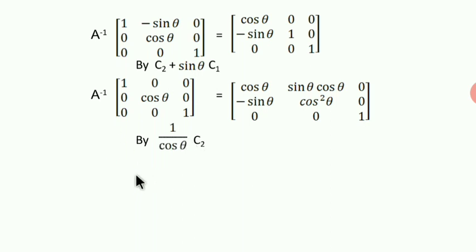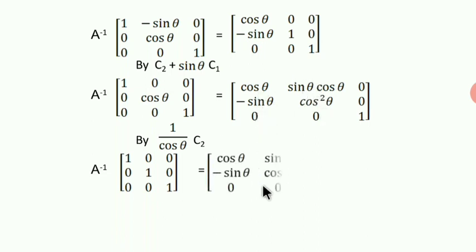So we get A inverse into, now here we get the identity matrix if we divide C2 by cos theta, is equal to, now there is a change in C2 again in the RHS. So first column as it is, in the second column cos theta gets cancelled, we remain with sin theta, here cos theta and 0. Means in the RHS column wise we get the matrix as cos theta, minus sin theta, 0, second column sin theta, cos theta, 0, third column 0, 0, 1.